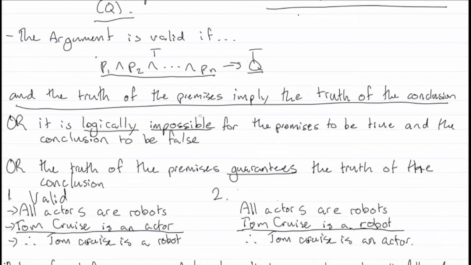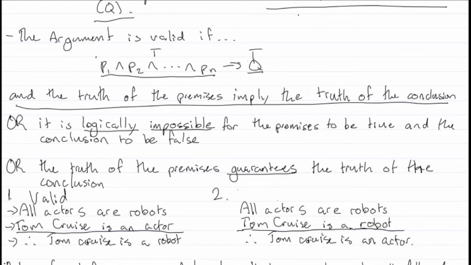Another way to state this is to say that it is logically impossible for the premises to be true and the conclusion to be false. And then finally, the truth of the premises guarantees the truth of the conclusion. So that's basically saying, one more time, if all these are true, then this is true.